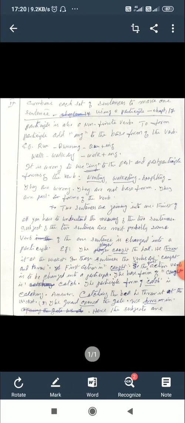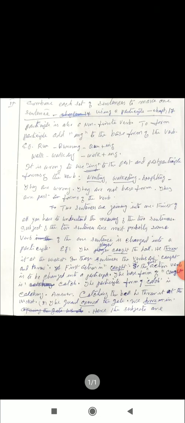First action is caught. The base form of caught is catch. The participle form of catch is catching. Answer: catching the ball, he threw it at the wicket.